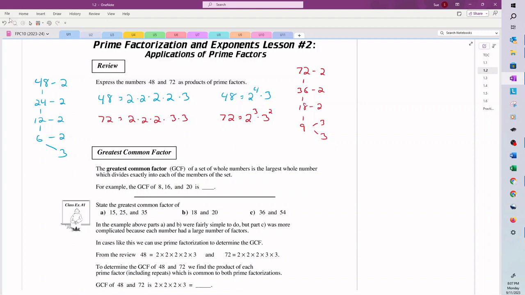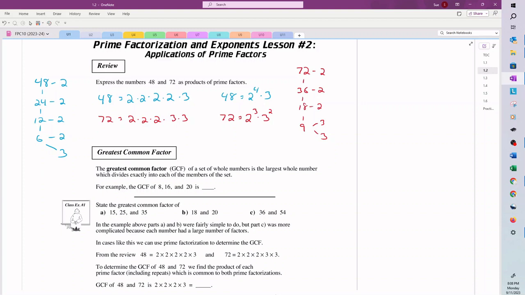Now, greatest common factor, or GCF, of a set of whole numbers is the largest whole number which divides exactly into each of the members of the set that you're talking about.